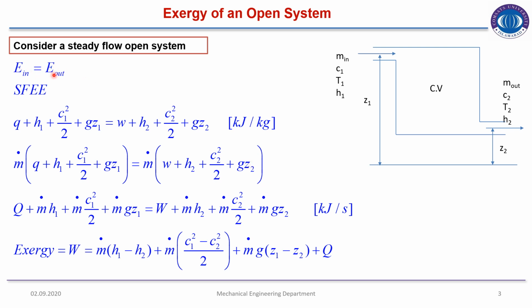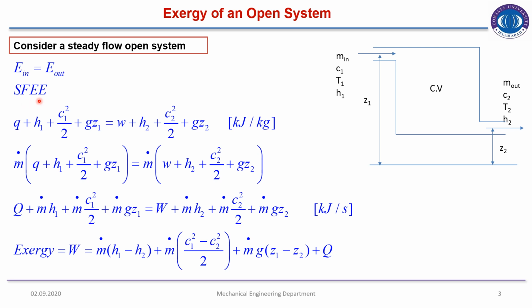To find a relation for exergy for an open system, we will use the energy balance equation. Here we have used the energy balance equation. Energy at the inlet is equal to energy at the outlet, and we will apply the steady flow energy equation for this process.